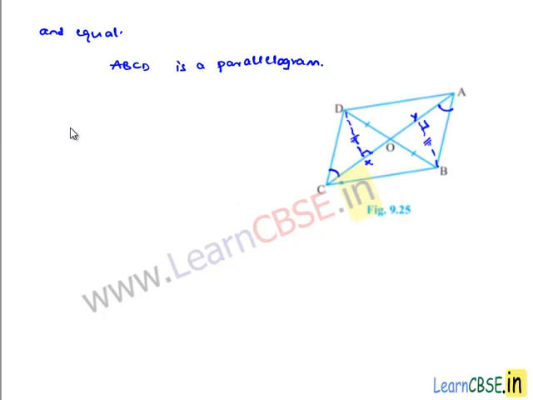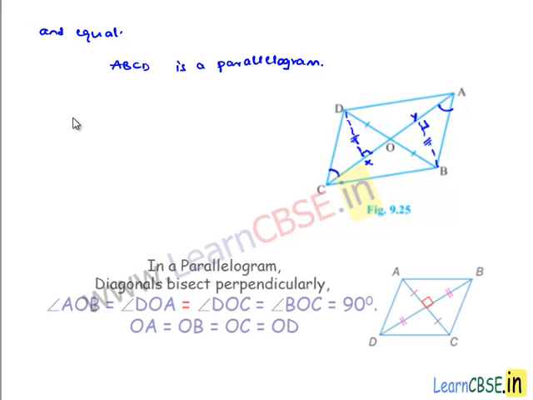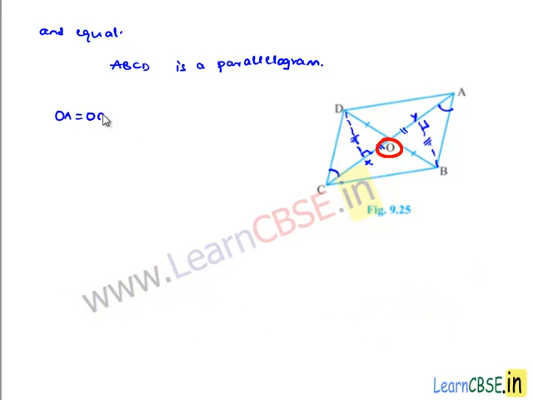Now, we know that in a parallelogram, diagonals bisect each other. We can say O divides AC in the 1:1 ratio. Therefore, here OA will be equal to OC.